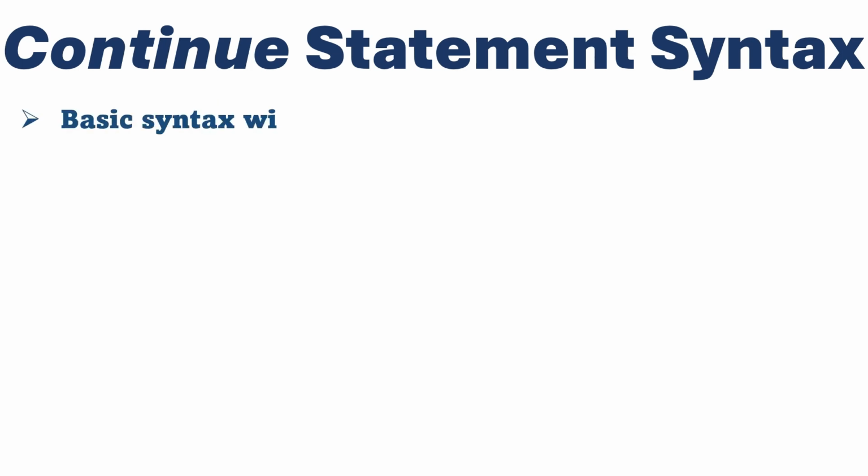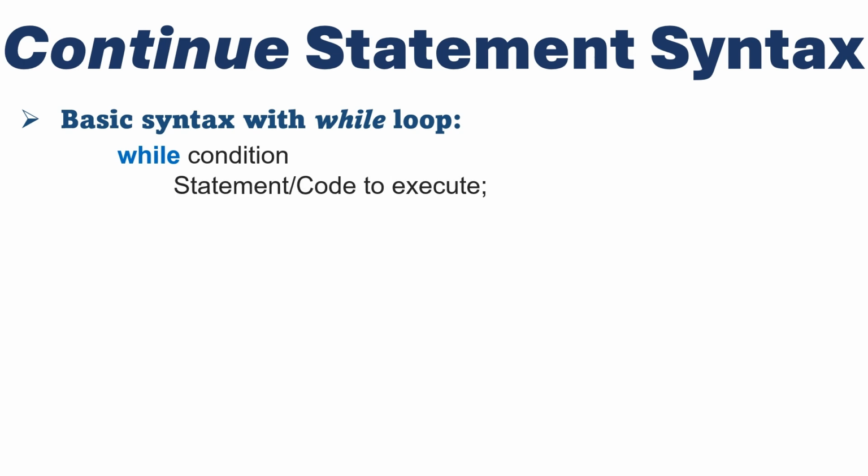Now the basic syntax with the while loop. As usual, we are using the while loop syntax. We start with the keyword, then we write the condition, and then whatever statement or code we want to execute if the condition is true. If we are using some specific condition with an if, and if that condition is true, then we enter into the if.